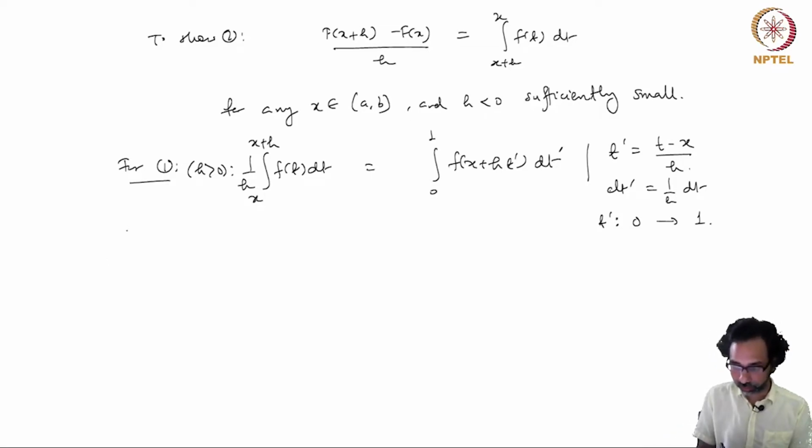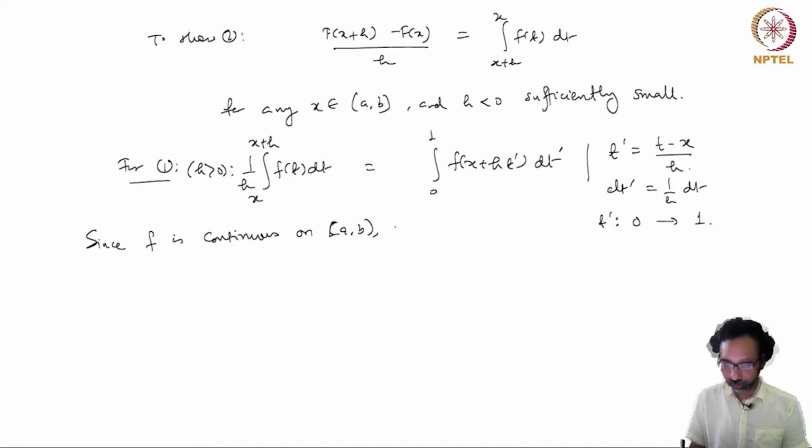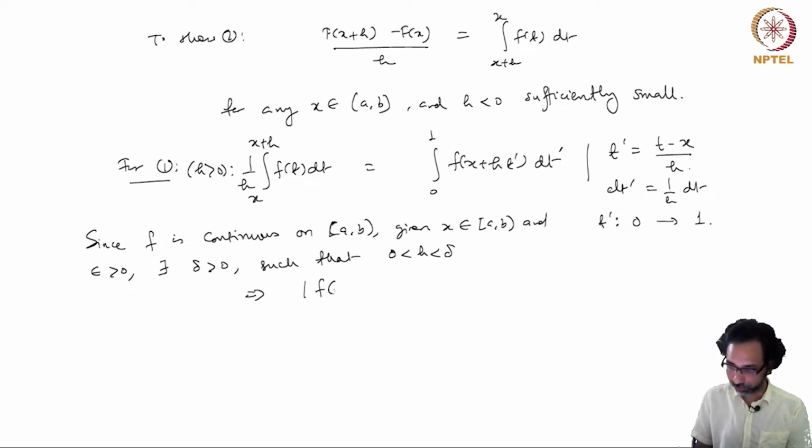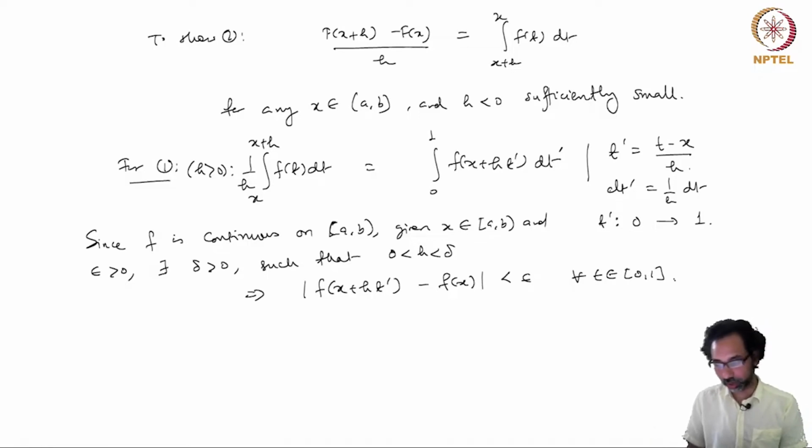So we are going to use the continuity of f. So since f is continuous on [a, b], given x in [a, b] and epsilon greater than 0, there exists a delta positive such that 0 less than h less than delta implies that |f(x + ht') - f(x)| is less than epsilon for all t' in [0, 1].